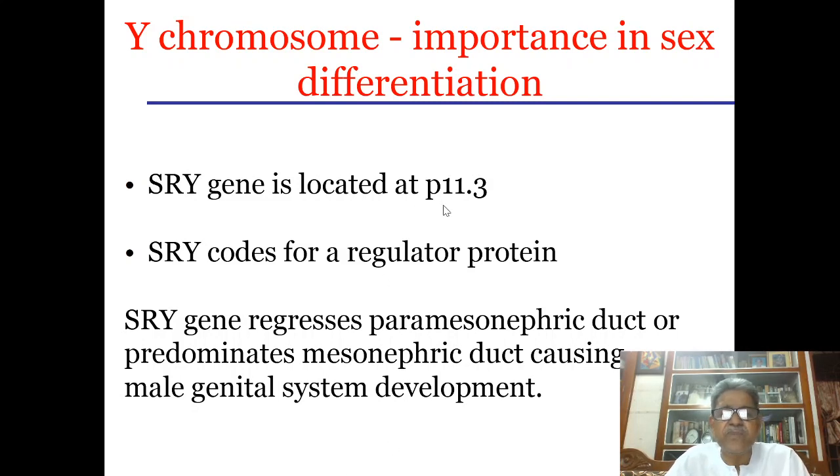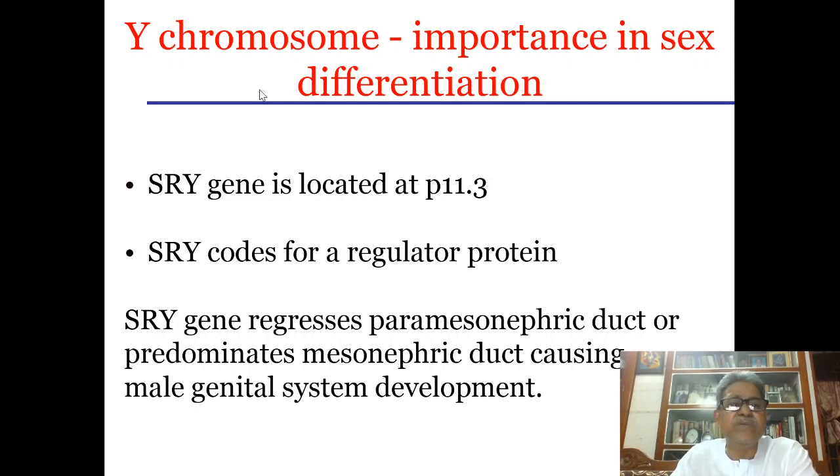Now, why is the Y chromosome important in sex differentiation? Possibly, from your earlier concept, you know the XY chromosomal process. From karyotyping, from the chromosomal concept, we know the Y chromosome is responsible for the male child, and the X chromosome is responsible for the female child. Though we know XY and XX.